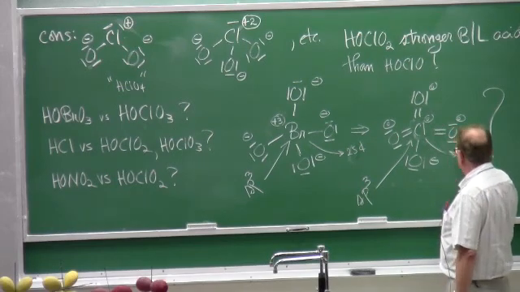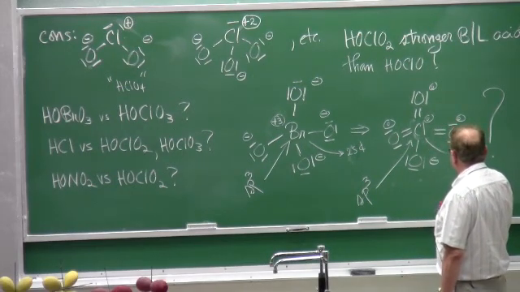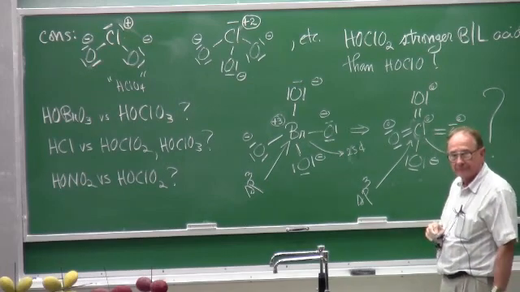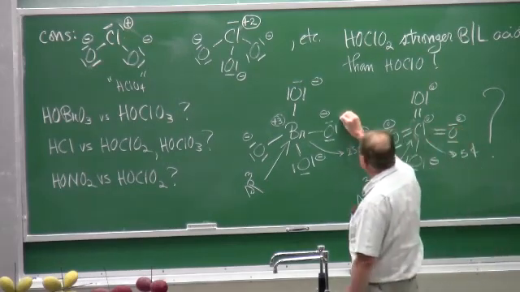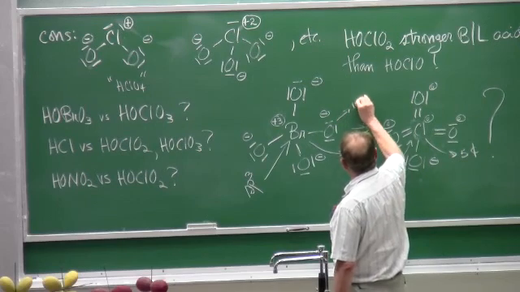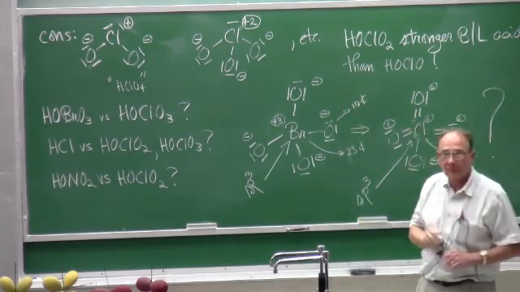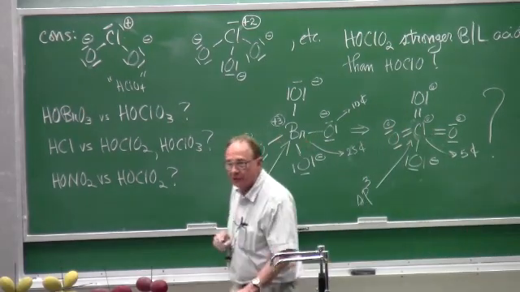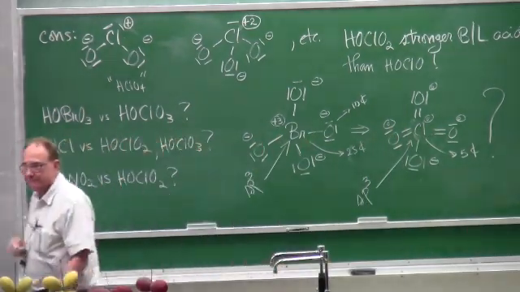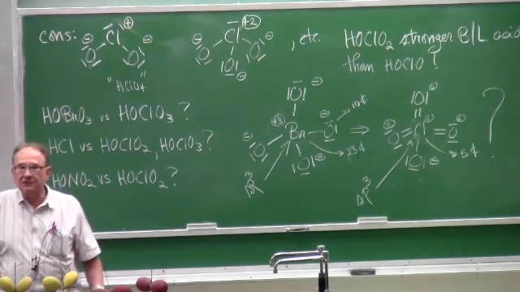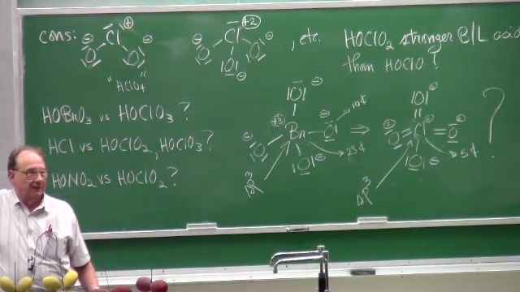Chlorine atom is a nickel. Oxygen atoms are dimes. Okay? Bromine atom's a quarter. Chlorine atom's a nickel. Oxygen atoms are dimes.